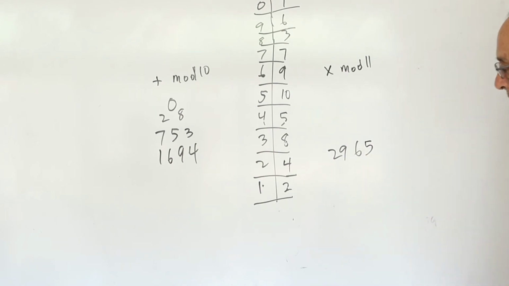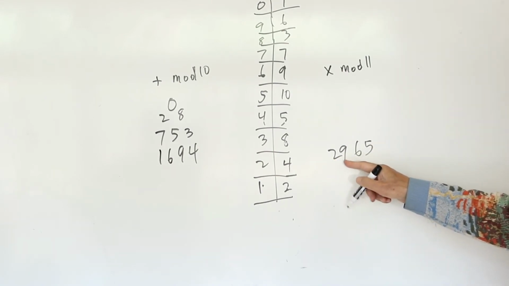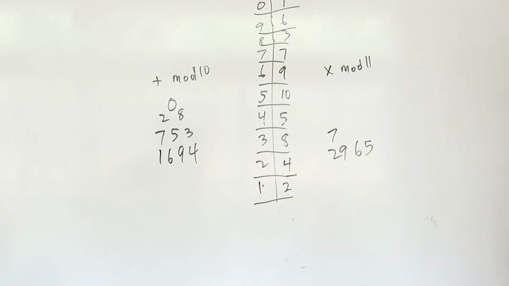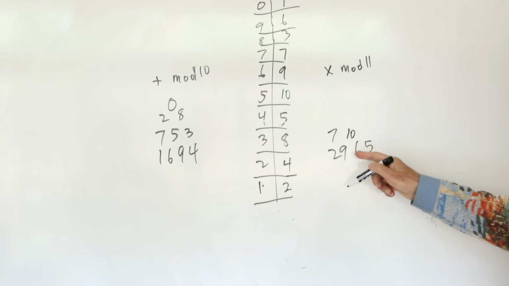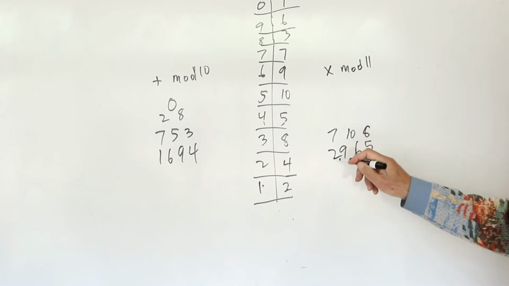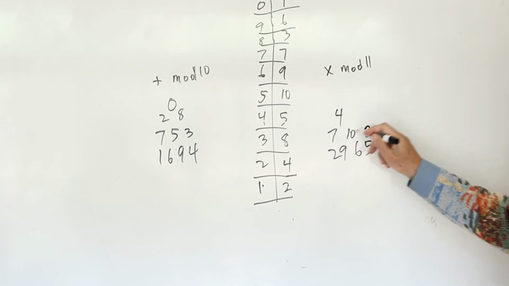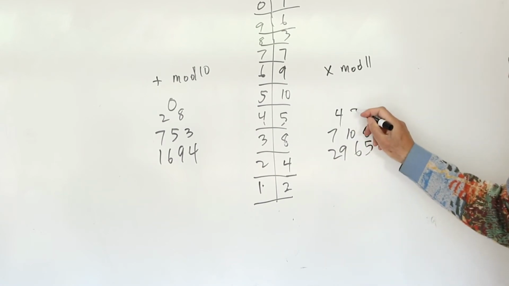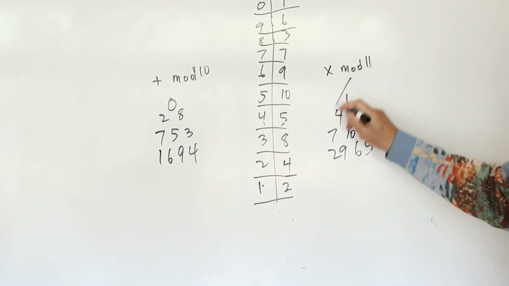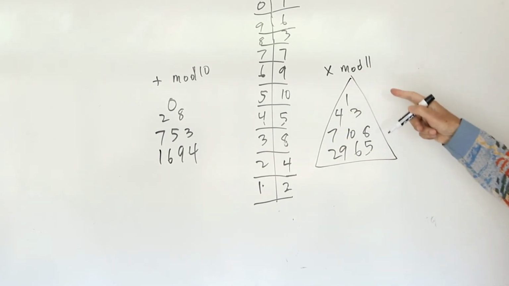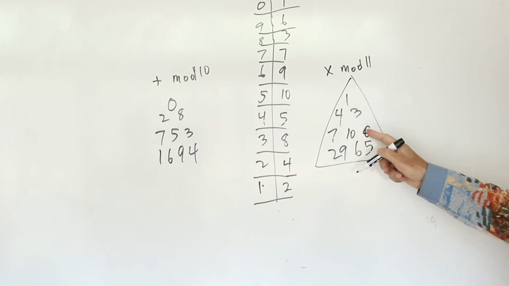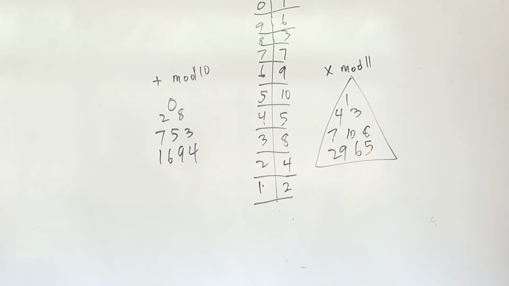So let's see if this works. 2 times 9 is 18, take away 11 is 7, 9 times 6 is 54, take away 44 is 10, 6 times 5 is 30, take away 22 is 8, 70 take away 66 is 4, 80 take away 77 is 3, and 12 take away 11 is 1. So we do get a solution. We get 1, 2, 3, 4, 5, 6, 7, 8, 9, and 10.